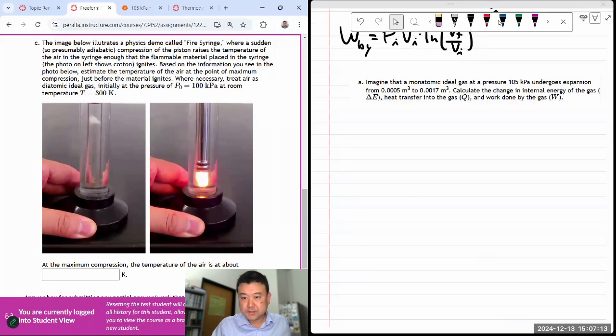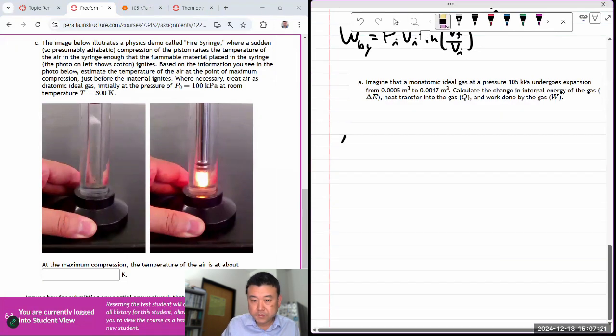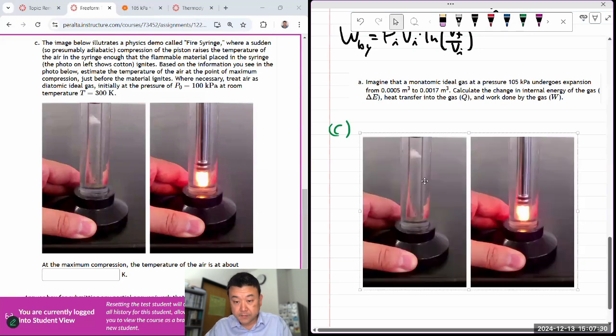So this is my work for C. Oops, that's not the color I wanted. The main thing I need to know is the compression factor, the ratio of V initial to V final.